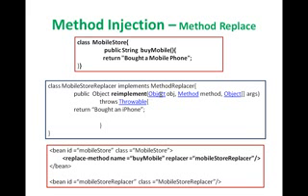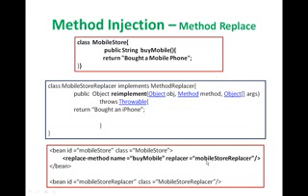So what I've done is I have implemented a new class which implements a method replacer, and I have implemented a reimplement method which returns the bought an iPhone statement. In the Spring configuration, I have declared the mobile store class, and I mentioned to replace the method buy mobile with the replacer implementation of buy mobile, the mobile store replacer.